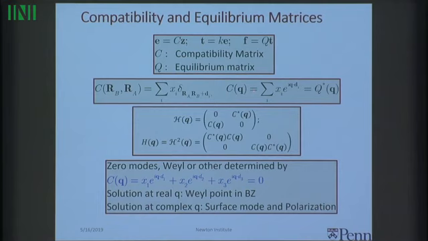So the Weyl modes, if they exist, will be solutions to this equation where the q have real values, so that there is no decay. I should say we should think of this as putting things on a torus, where we have q running around the torus, and e to the i q dot, so we can define those z's, and all of the z's are real, lying on the torus.